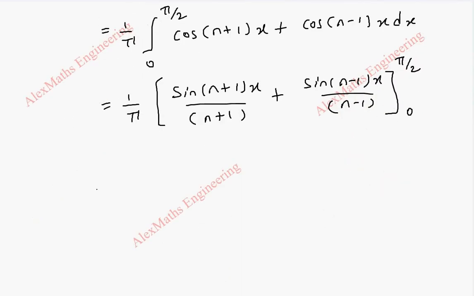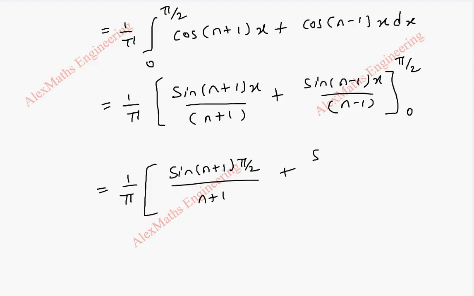Applying the upper limit, we are going to get sin (n plus 1) pi by 2 by (n plus 1), then sin (n minus 1) pi by 2 by (n minus 1), and applying the lower limit, every term will become 0.